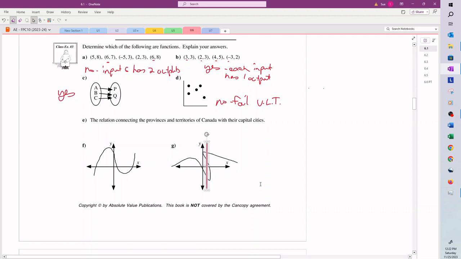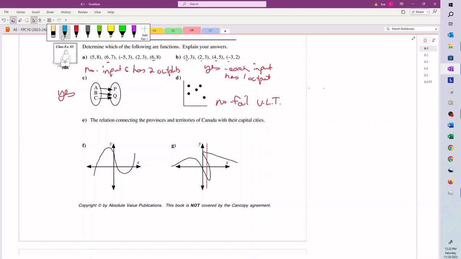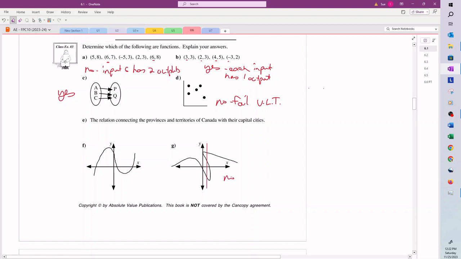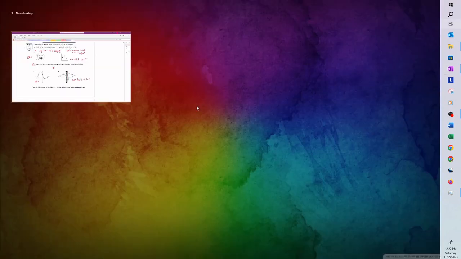So this one is a no. Fails vertical line test. This one is yes. And then I missed this one with connecting the provinces to the territories with their capital cities. That would be yes, that's a function because each province has one capital. So yes, this is fine.